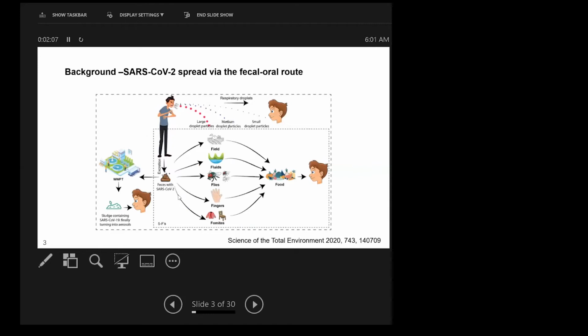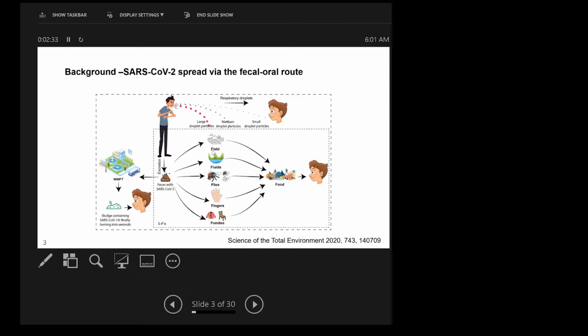It is already well known that SARS-CoV-2 can infect the respiratory tract, but it can also infect the GI tract, the gastrointestinal tract, with a prolonged residence in fecal samples. Here it shows some simple ways for the fecal-oral transmission routes.